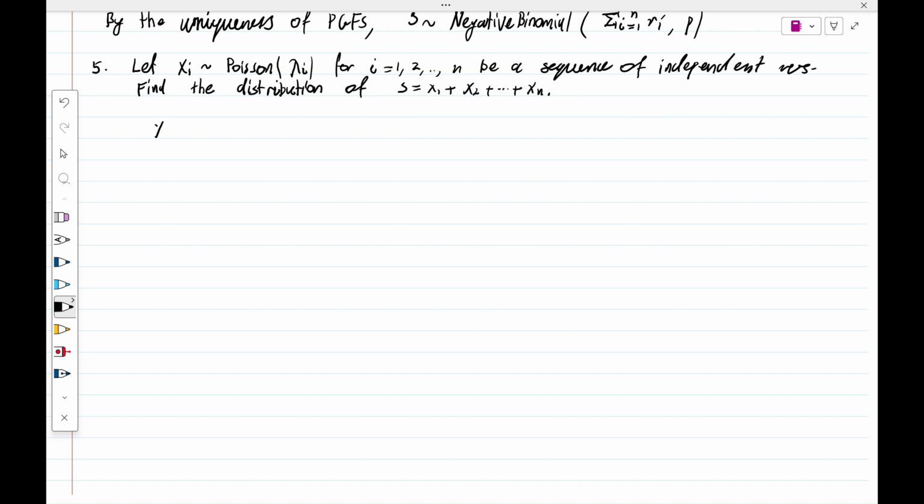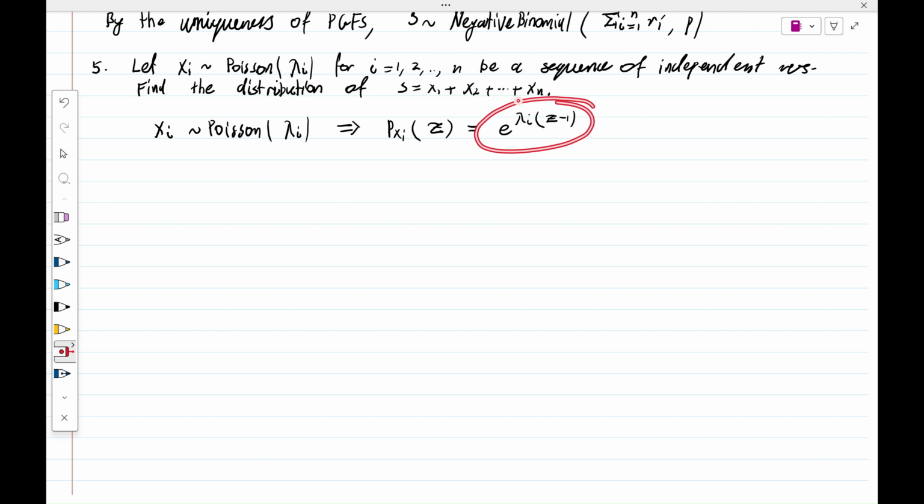So firstly, let's find the PGF of xi. If xi has a Poisson distribution with rate parameter lambda i, this tells us that the probability generating function of xi is equal to e to the lambda i (z - 1). Of course, I encourage you to view other videos to see why this is the case, but for now we're going to take this as a given result.